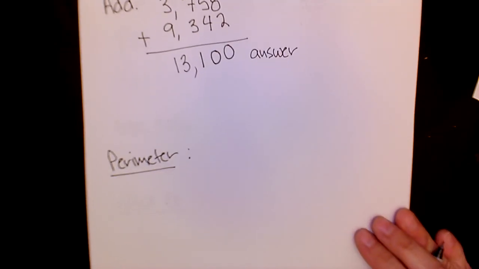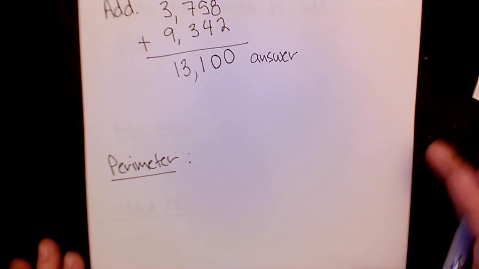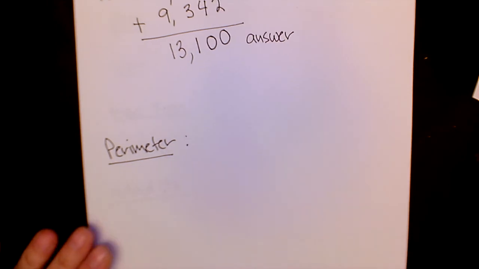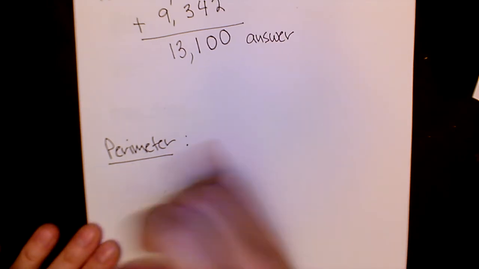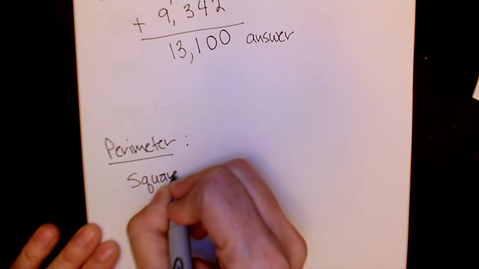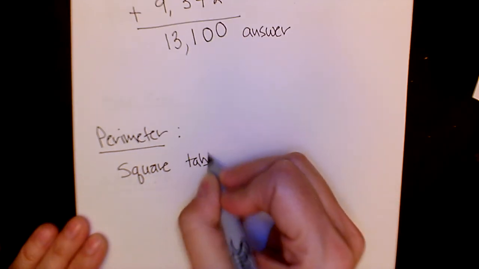So perimeter. If I wanted to find the perimeter of something, what would I do? Like if I wanted to find the perimeter of the top of a square table. So let's say I have a square tabletop.